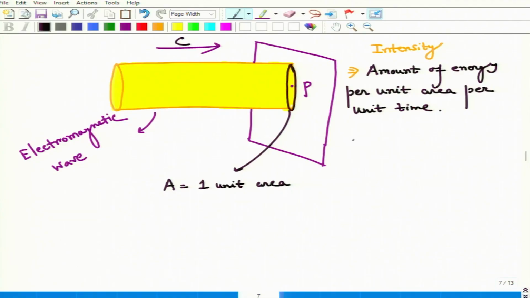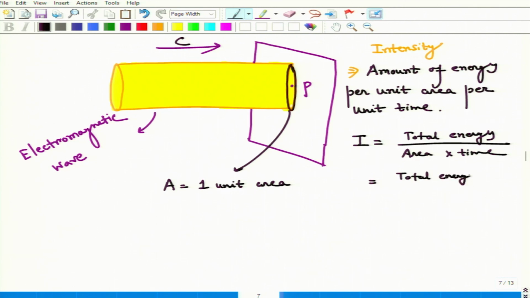So intensity I should be total energy divided by area into time, which we can write as total energy per time divided by area.